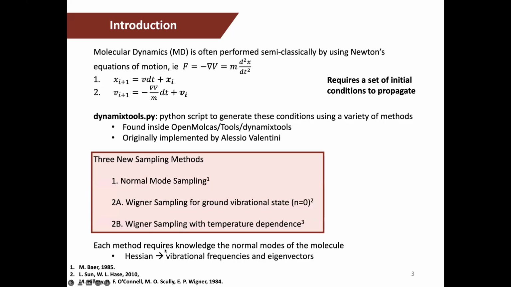And each of these methods requires the normal modes of the molecule. So you have to do a Hessian calculation and then get the vibrational frequencies and eigenvectors from OpenMolcas. The reason why we originally did this is that there was a little bit of an issue with the old dynamics tools.py script. So here's a trajectory on formaldehyde from the old method.